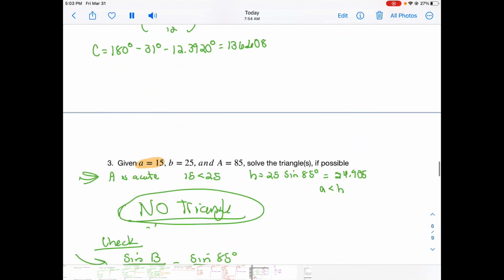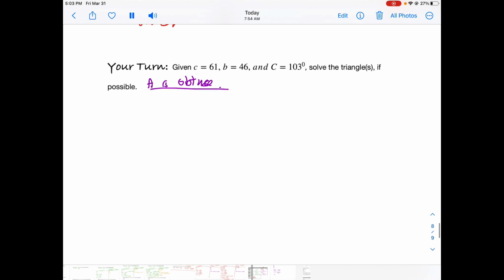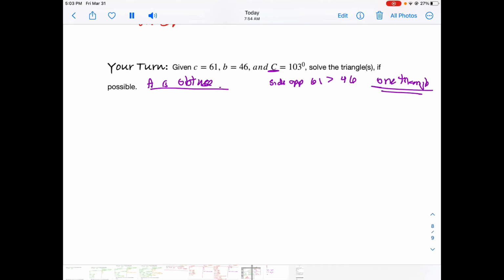Since we only have one little rule there, that's the only reason I put one example of an obtuse angle on here. So the side opposite my given angle would be the 61. The side adjacent would be the 46, since the angle C was given. Since my side opposite is larger than my side adjacent, that means I will have a triangle.